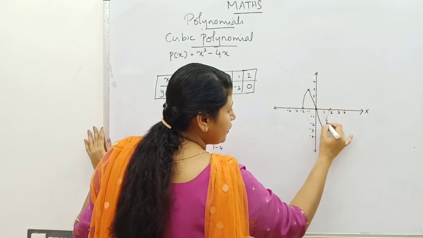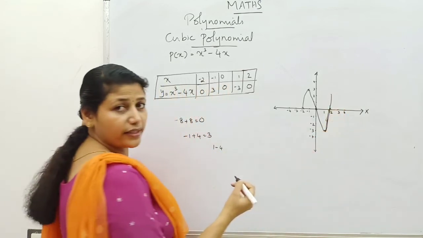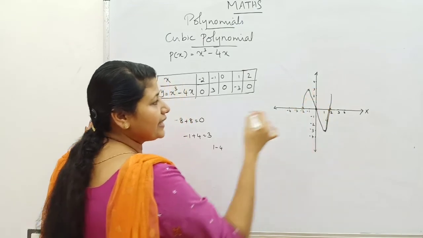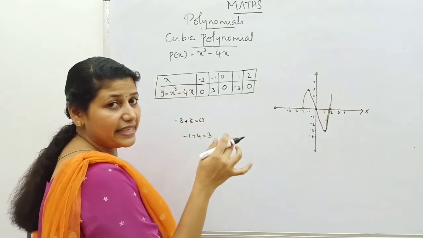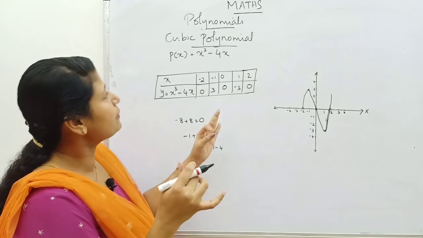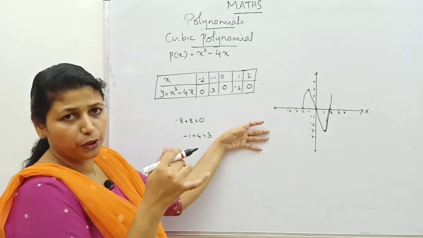Okay, this is your graph. So at these 3 points, the curve and the x-axis intersect, isn't it? So we have got 3 points, a maximum of 3 points for the cubic polynomial. So that is the geometrical meaning of this cubic polynomial.